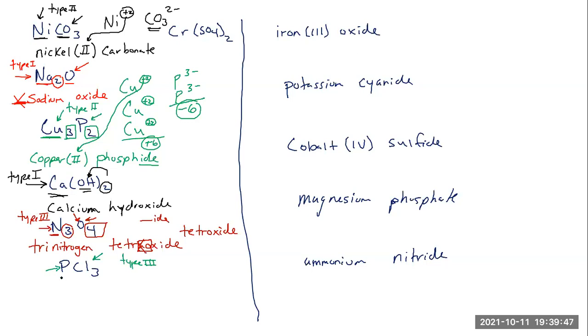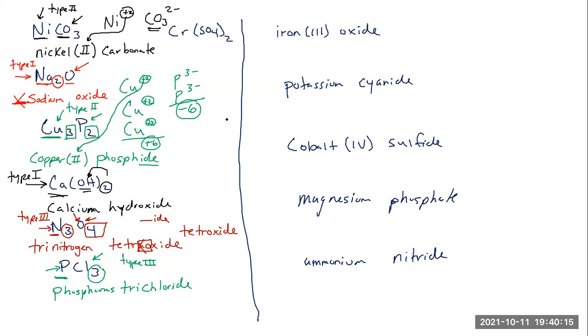We only have one phosphorus, and remember, one is mono, but we don't use it on the first name. So again, for non-metal, we use the entire first name of the element, which is phosphorus. The second guy is 3, which would be tri, and the Cl then would be chloride. So phosphorus trichloride. Any questions on that one there?